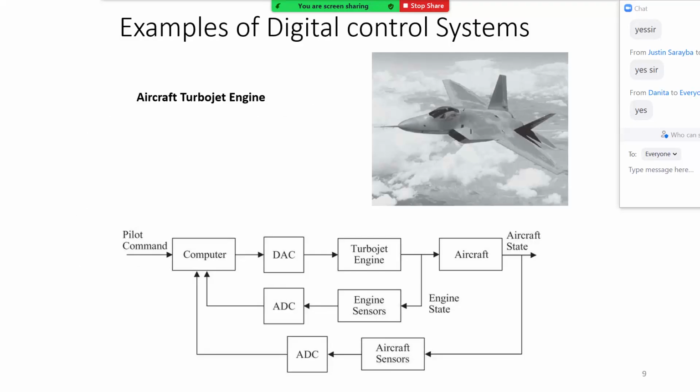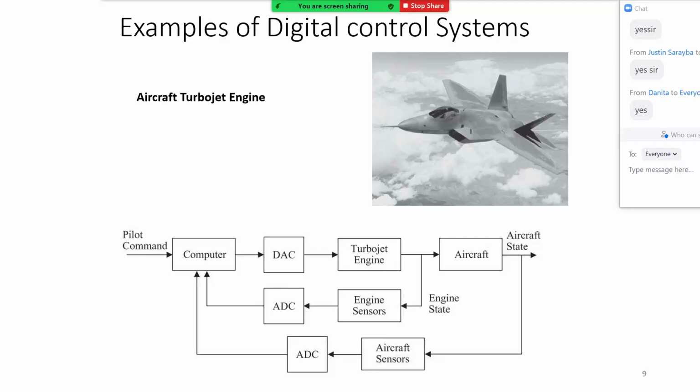So, some examples of digital control systems: an aircraft turbojet engine. We can have the pilot on the computer enter whatever settings they want for parameters to control the aircraft. A digital to analog converter will drive a turbojet engine.